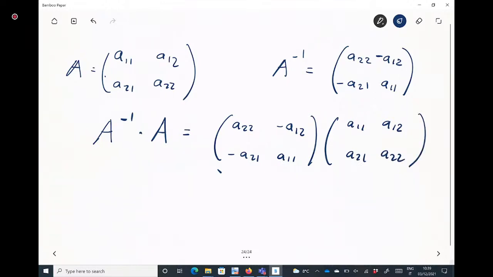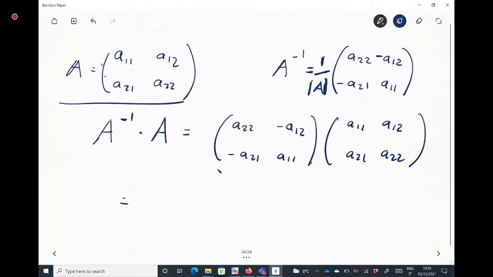Now, of course, this is not the inverse matrix. This is the determinant times the inverse matrix. Now you have to divide by the determinant of A.